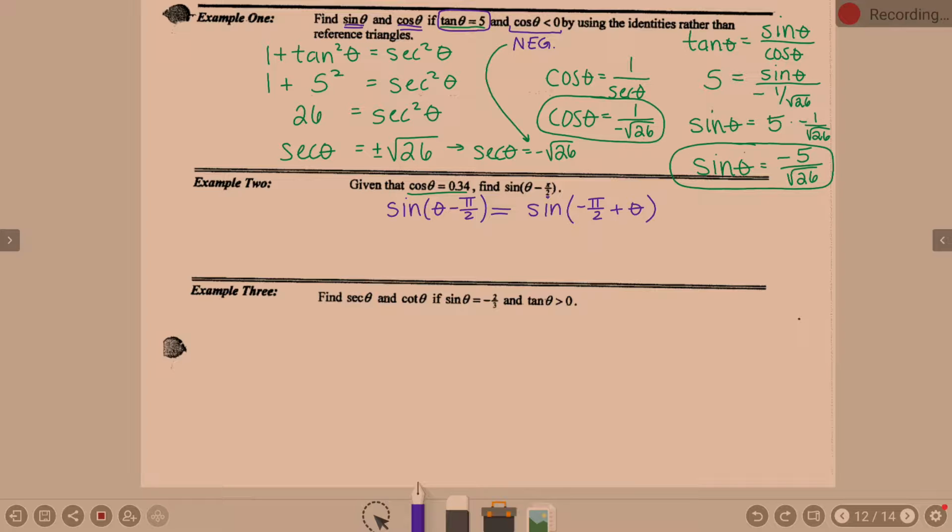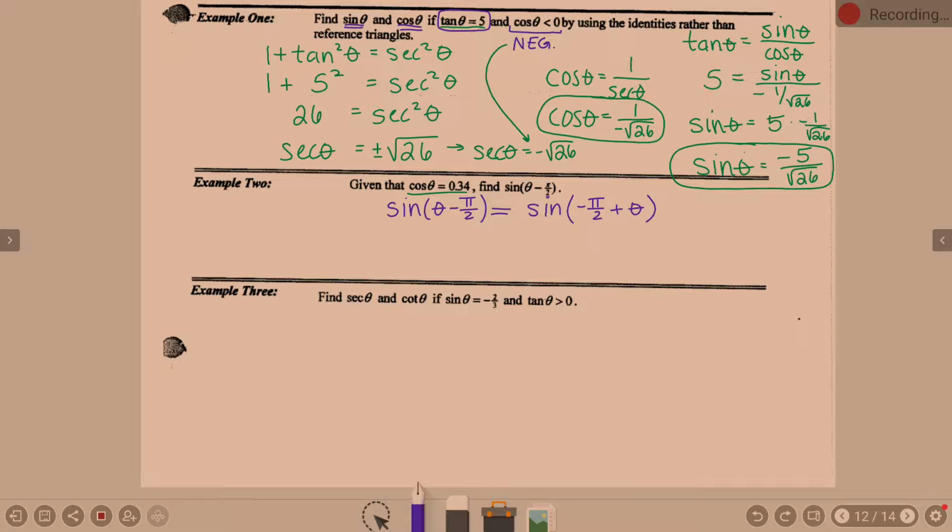That's closer to the identity, isn't it? What's it off by? It's off by a negative, right? We have the wrong sign on both. We need this to be positive pi over 2 and we need this to be minus theta.